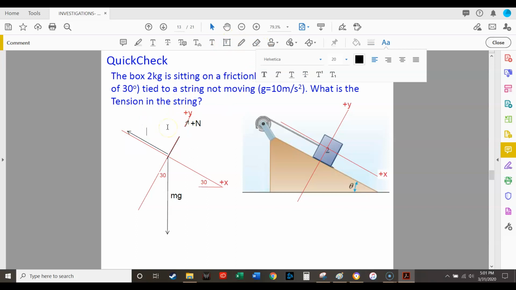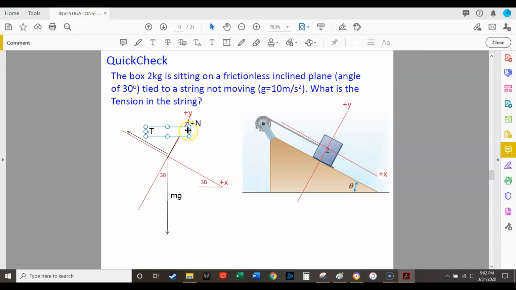Since it's pulling in the negative x direction, it's going to be a negative T. And there you go.